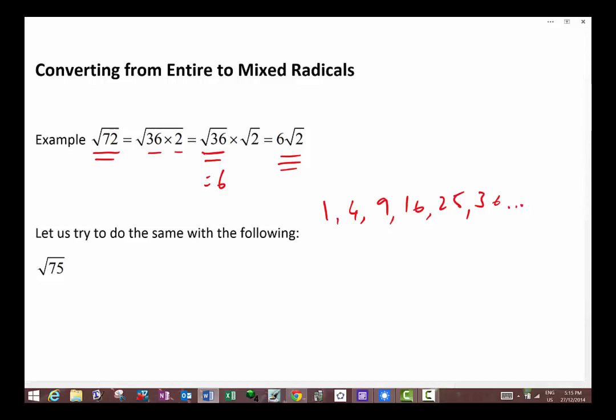What is the biggest number in the squares list which is a factor of 75? Well, it doesn't take a lot of thought to realize that 75 can be written as 25 times 3, and then we have square root of 25 times the square root of 3, which gives us a final answer of 5 times the square root of 3.